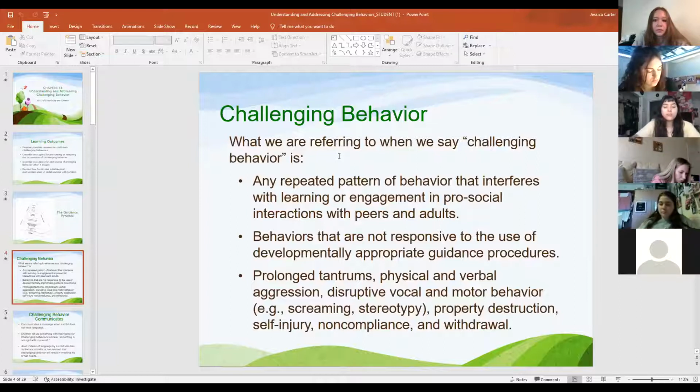It's also really important to note that challenging behaviors are behaviors that are not responsive to developmentally appropriate guidance strategies. So most of the time when children hit or kick or destroy the property or materials of another child, we can go in and we can say the things that we've been talking about up to this point. We can use those I messages.